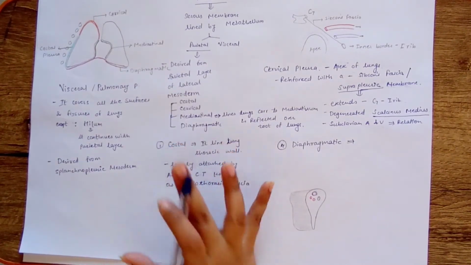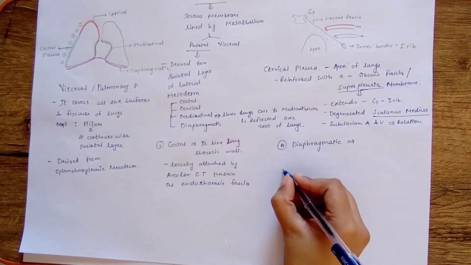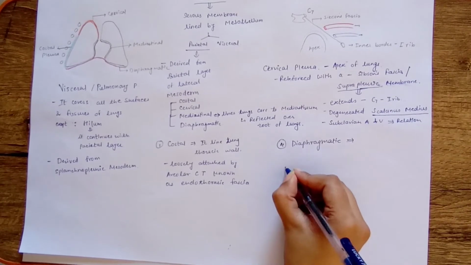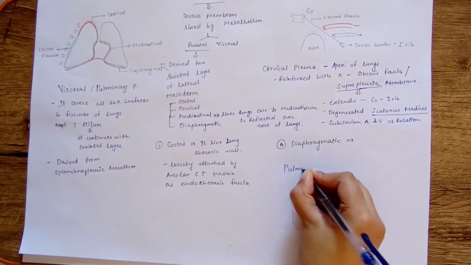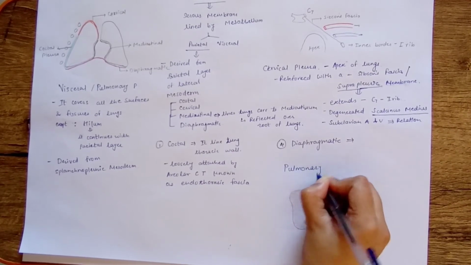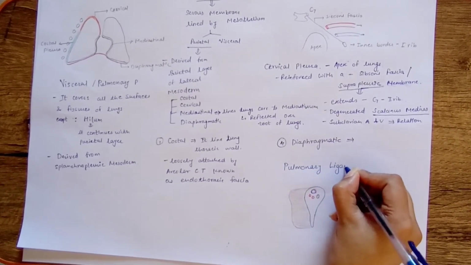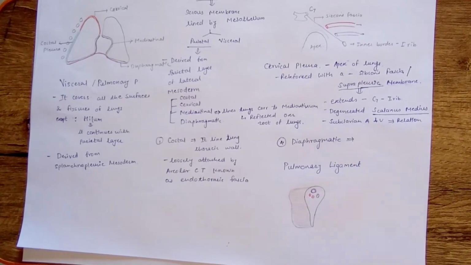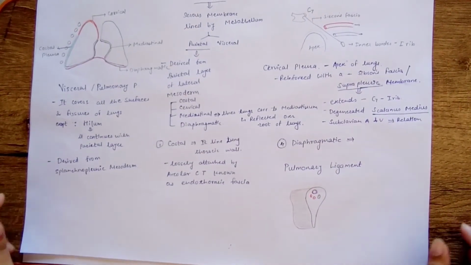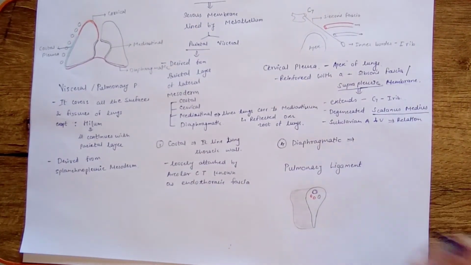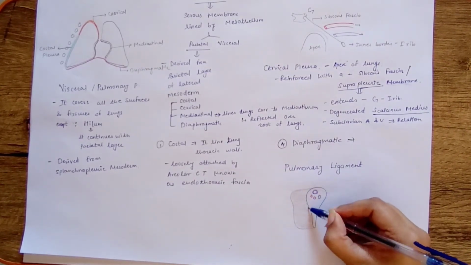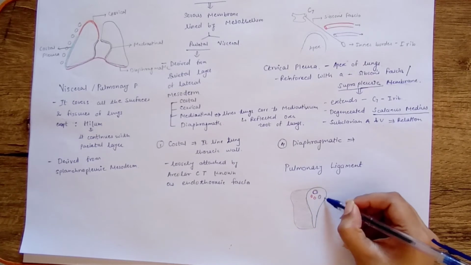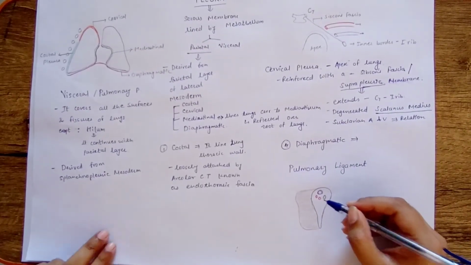Here we come to another topic, that is the pulmonary ligament. Pulmonary ligament is nothing but the extension of pleura. See, this is the pleura which is lining the root of the lungs.